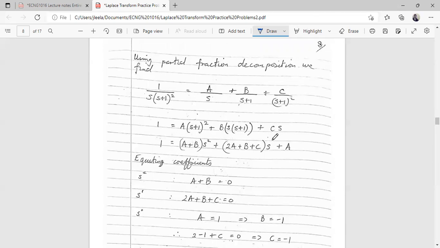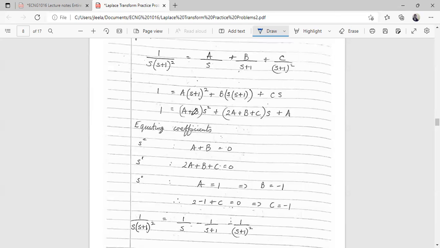And then we collect coefficients s squared, s, and s to the power 0. A plus b is the coefficient of s squared. 2a plus b plus c is the coefficient of s. And a is the coefficient of s to the 0. So it means that you don't have any s squared on the left. So a plus b is 0. 2a plus b plus c is also 0 here, and a will be 1 when we equate coefficients, right?